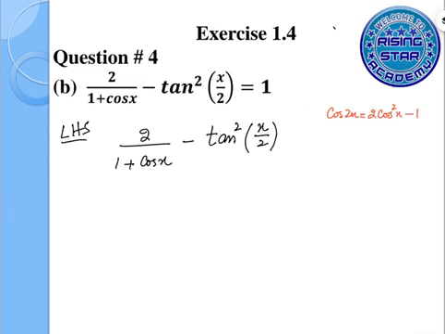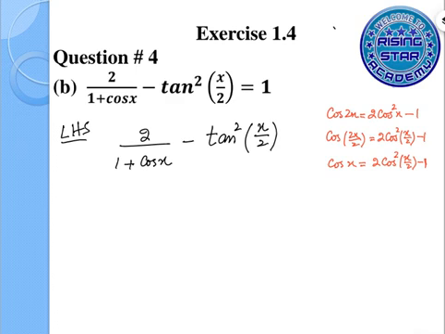If we make it half angle, cos of 2x over 2 is equal to 2 cos square x by 2 minus 1. So now we have cos of x equals 2 times cos square x by 2 minus 1.